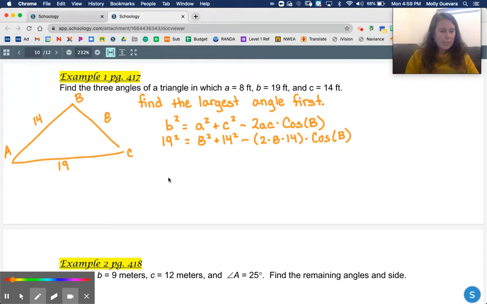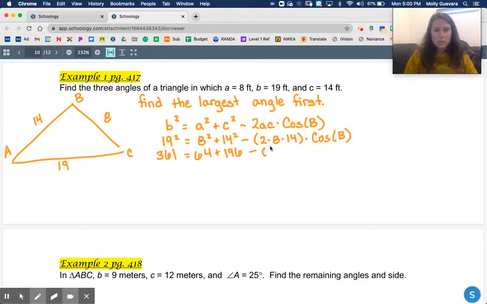Okay, so 19 squared is 361, equal to 64 plus 196 minus 2 times 8 times 14, so minus 224 cosine of B. Okay, I cannot subtract this from 224.